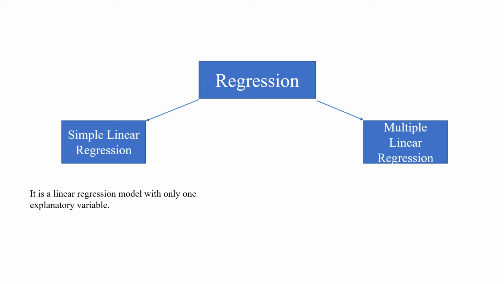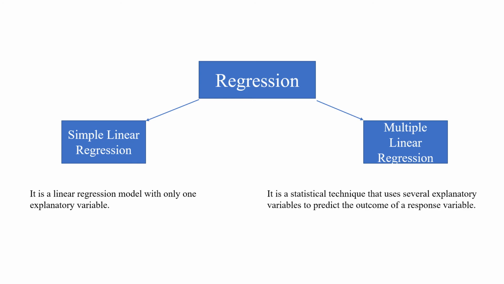That one independent variable is only affecting the dependent variable. Nothing else is affecting the dependent variable. So, in simple linear regression, we only deal with one independent variable. While in multiple linear regression, it has many explanatory variables. That is, we have a range of explanatory variables which are used to predict the outcome of a response variable.